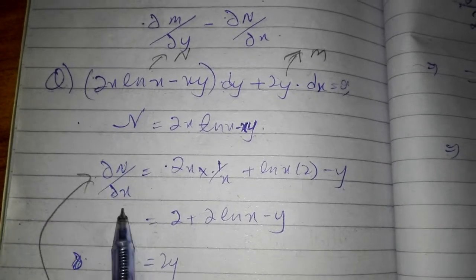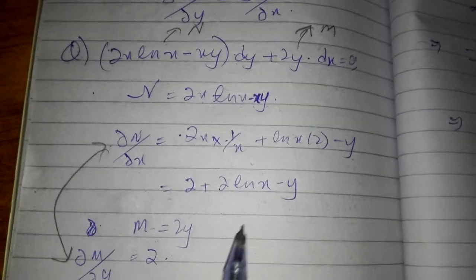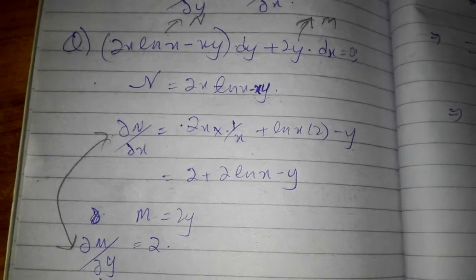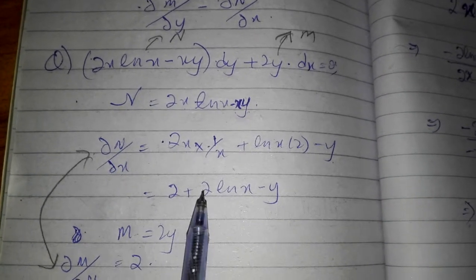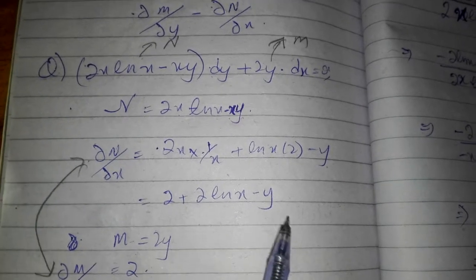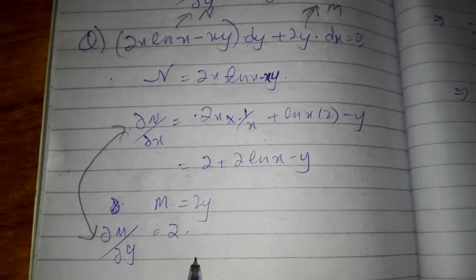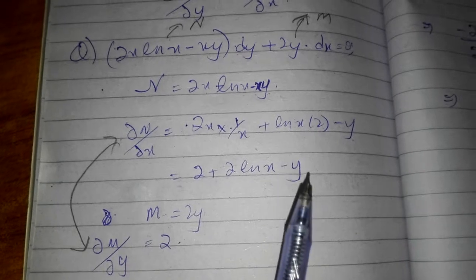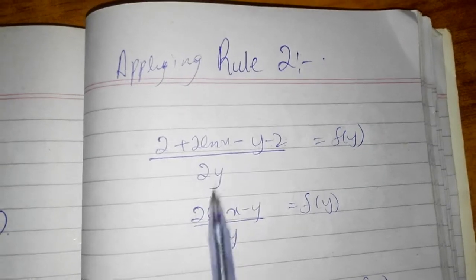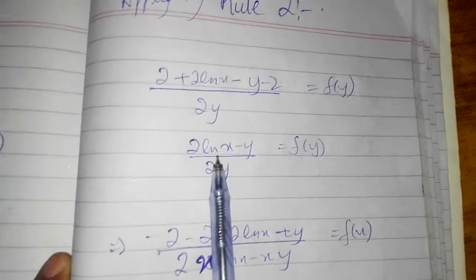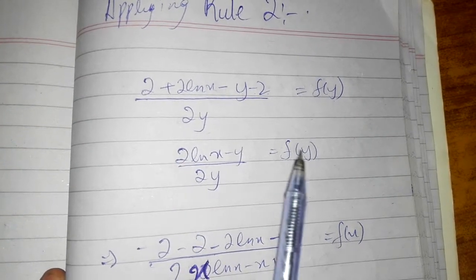So ∂N/∂x is equal to 2 + 2 ln x − y, and M is equal to 2y, so ∂M/∂y is equal to 2. These both are not the same. So now we will apply the reducible to exact differential equation formula. For now we are applying rule 2: (2 + 2 ln x − y − 2)/2y is equal to f(y).